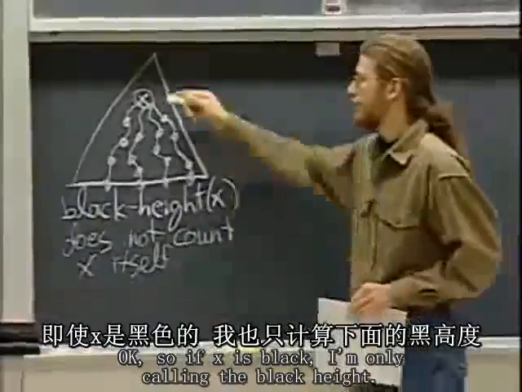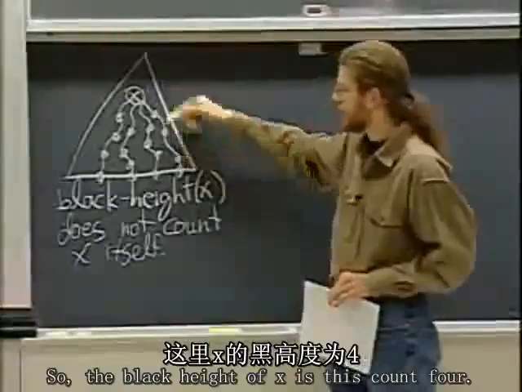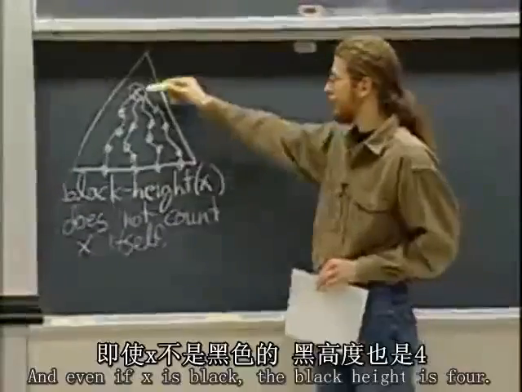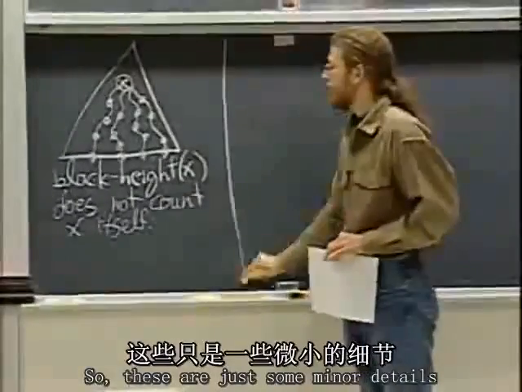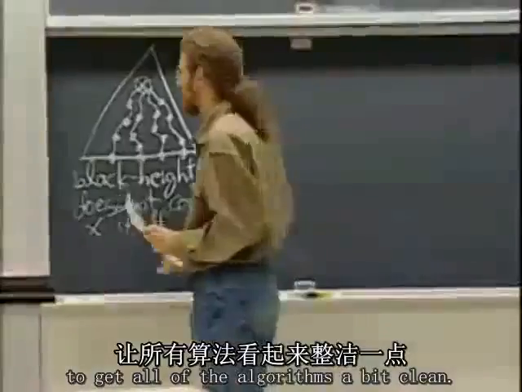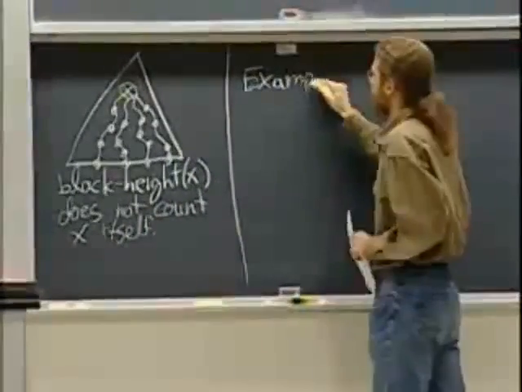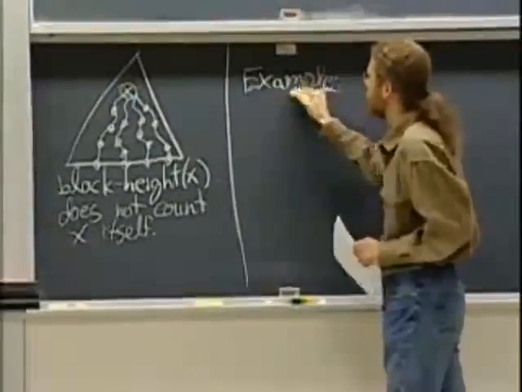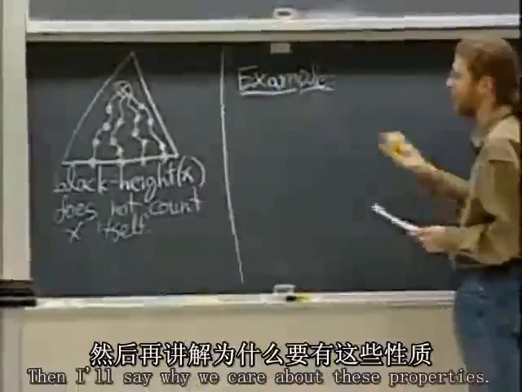So even if x is black, the black height of x is this count, 4. These are just some minor details to get all of the algorithms a bit clean. So let's look at an example of a red-black tree. I'll show you an example, then I'll say why we care about these properties.